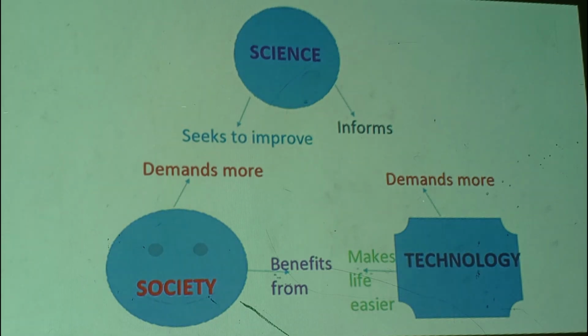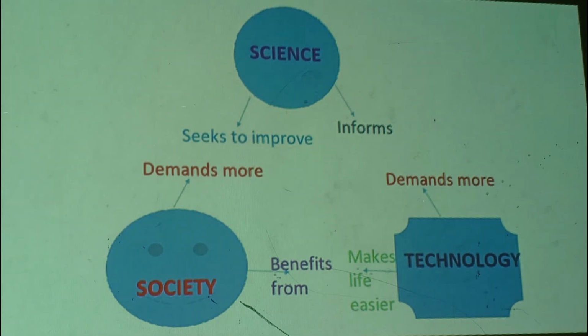Science is a tool for humans to make human life simple and to solve human problems. Then there is society, we human beings. And here we have technology, the application of scientific knowledge, methods, and processes for the good of humanity. Society demands more from science.